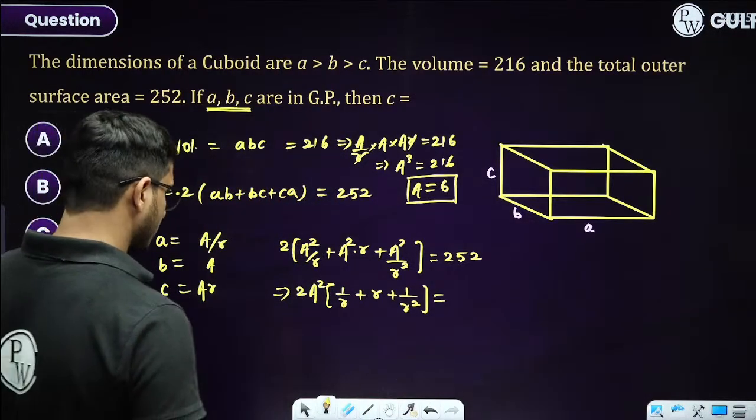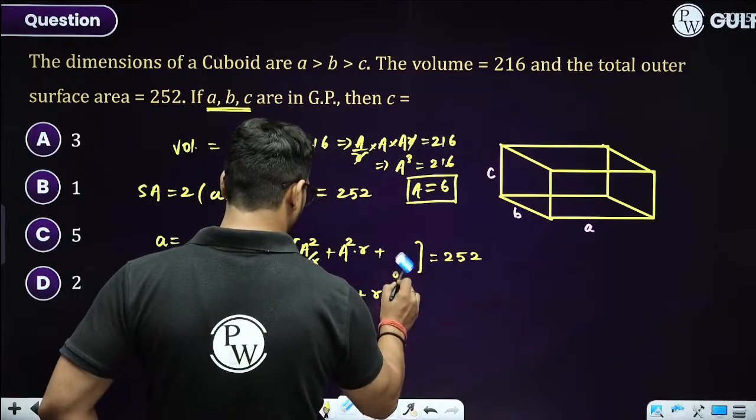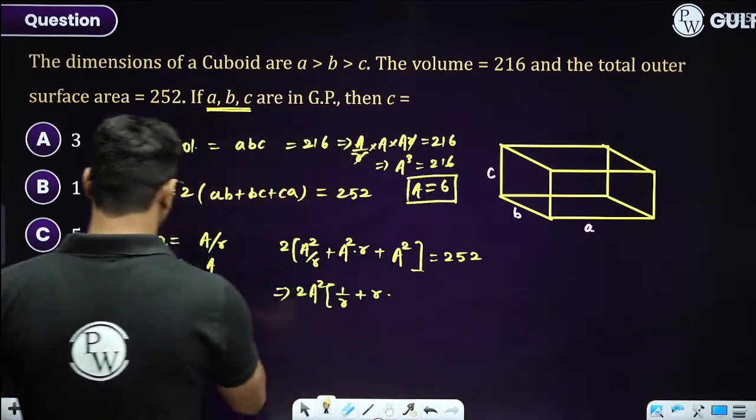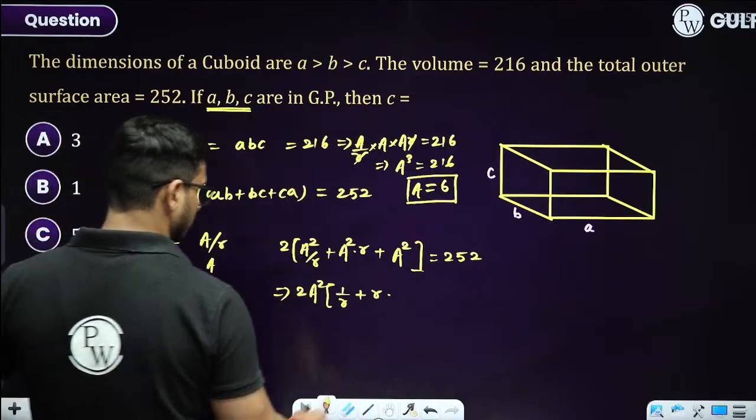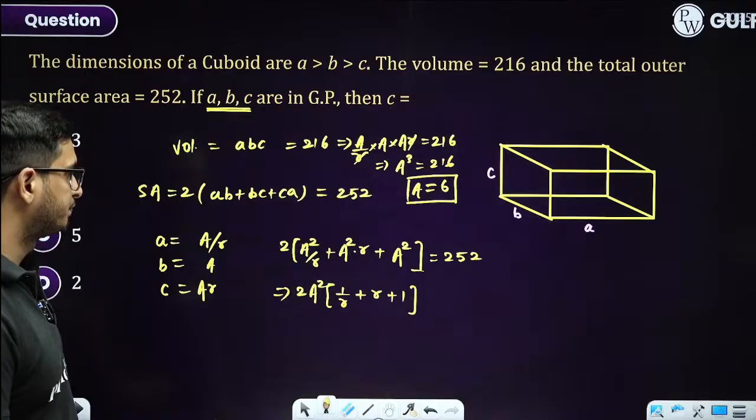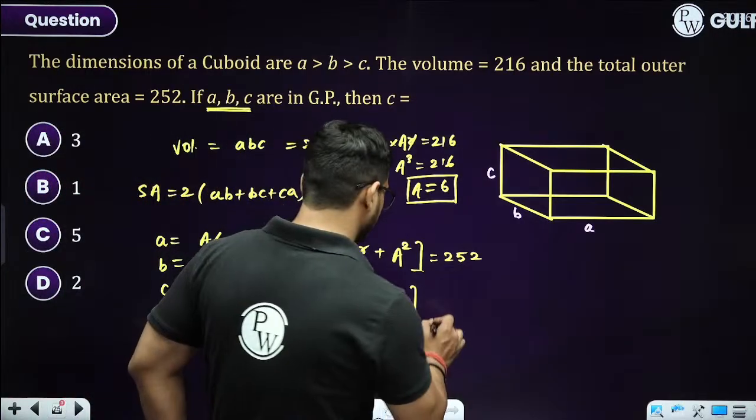Multiplication is wrong, no? This should be A square only, for CA. So plus 1, equals 252.